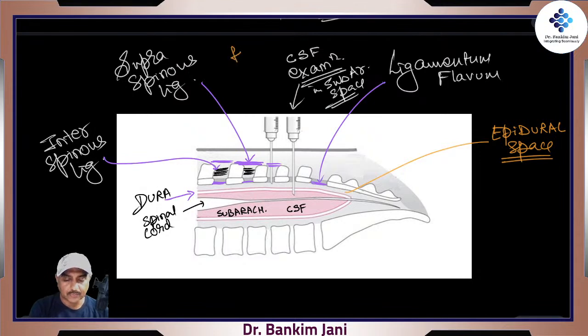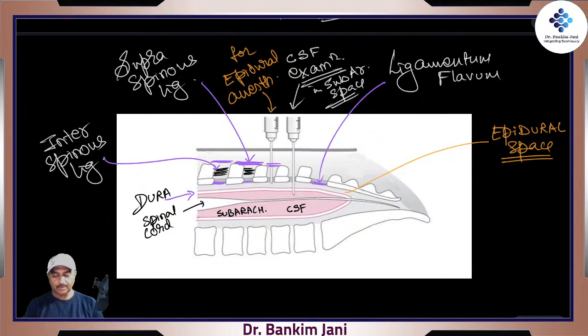So this is for epidural anesthesia, this needle. Crystal clear, right? Obviously this is like a sacrum, right, and all those vertebrae. So that's how they can ask the question that for CSF examination it has to be from the subarachnoid space, and for the spinal anesthesia, that is epidural anesthesia.